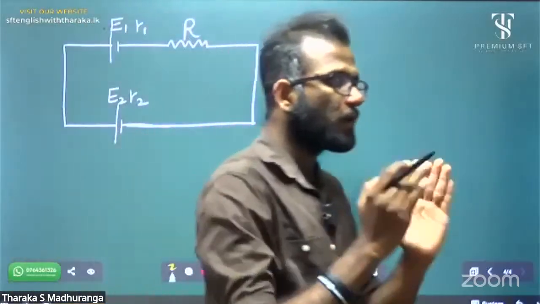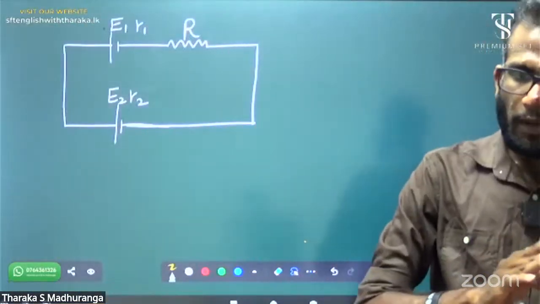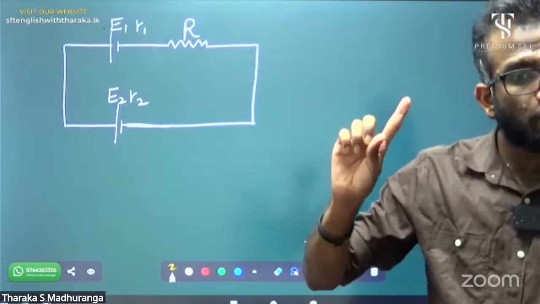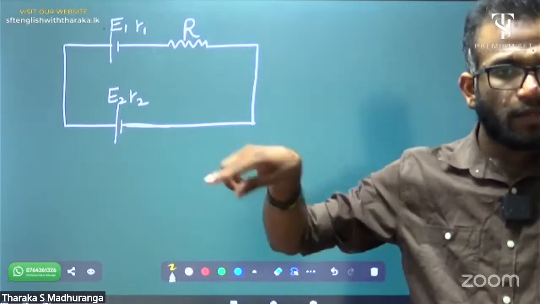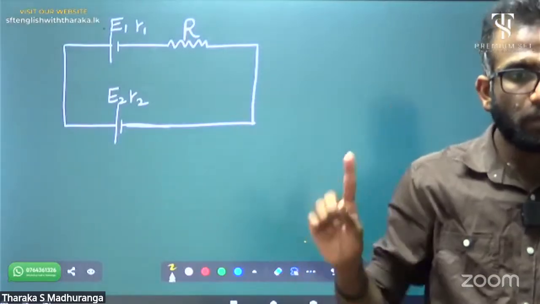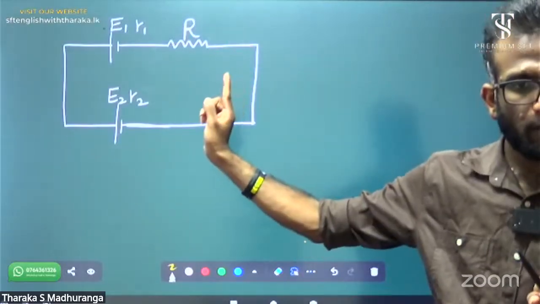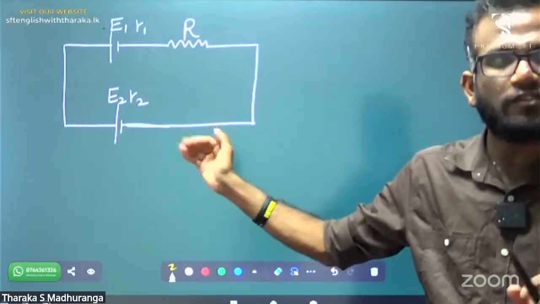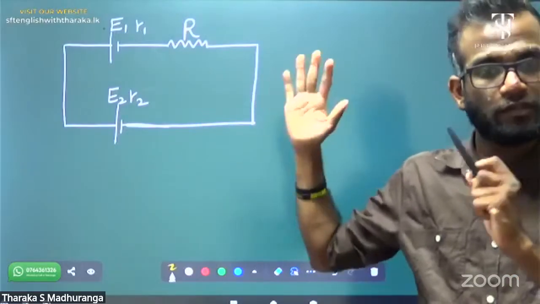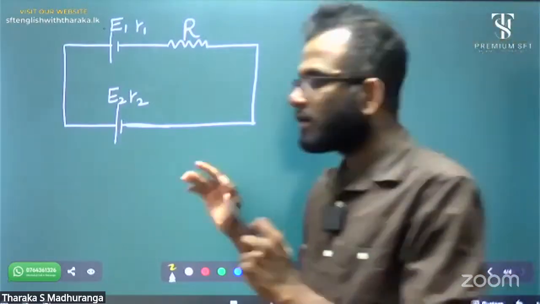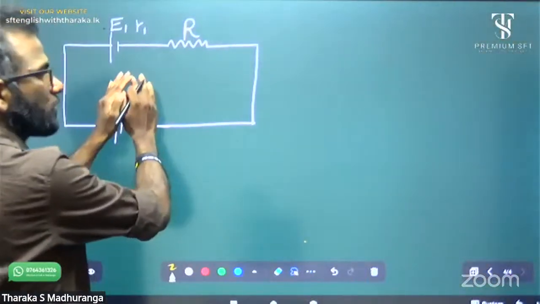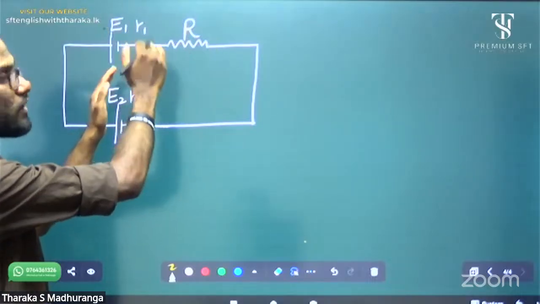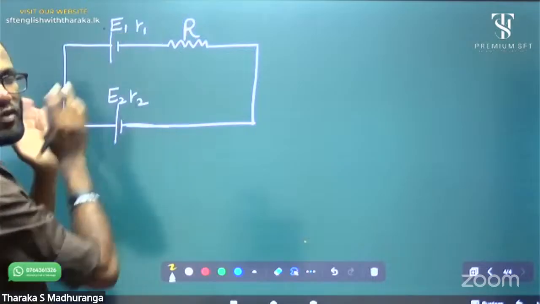My first step, I want to label this loop. It has only one closed loop, but it has two batteries. Therefore, you can't use Ohm's law. It's a little bit complex. That's why we use Kirchhoff's law to solve this question. If it had only one battery, we could use Ohm's law and solve this question.